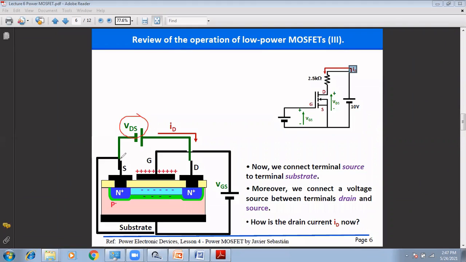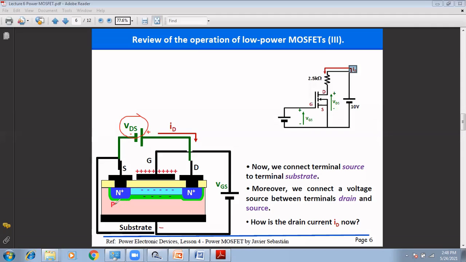Now because of VDS, there are two junctions present in the MOSFET. One is the P-N at the source, and the next one is a P and N at the drain terminal. VDS is negative on this side and positive on this side, and the positive terminal of the battery is connected to the drain, that is N, and this P is connected to a very low or negative voltage.